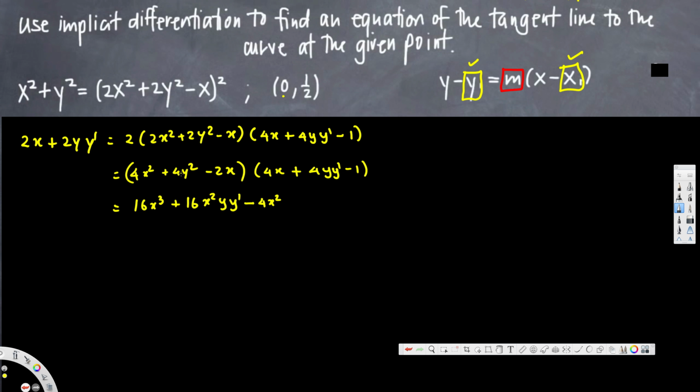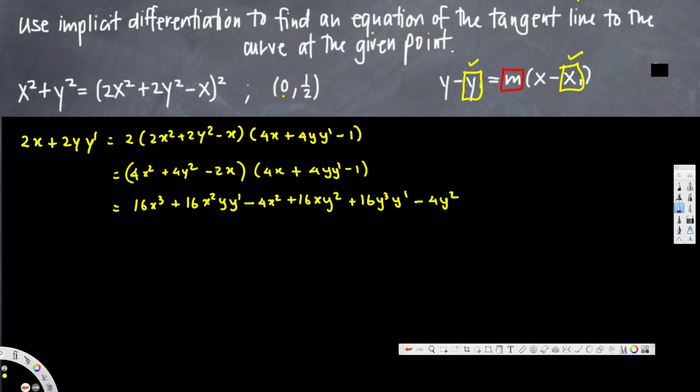And then we are going to start with 4y square. 4y square times 4x, that's going to be 16xy square, and 4y square times 4y y prime, that's going to be 16y cube y prime, and if we multiply 4y square with negative 1, that's going to become just negative 4y square.